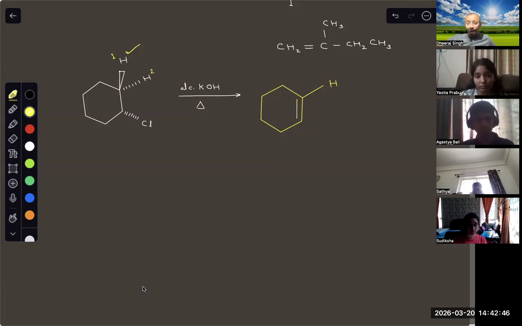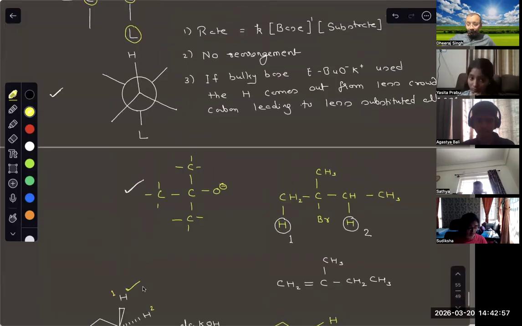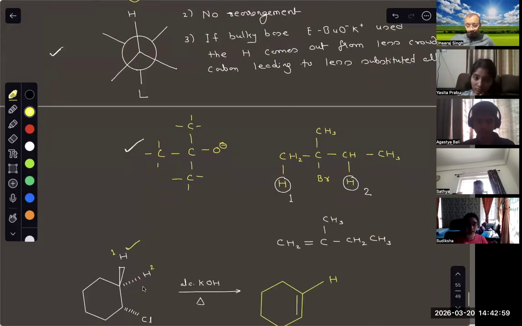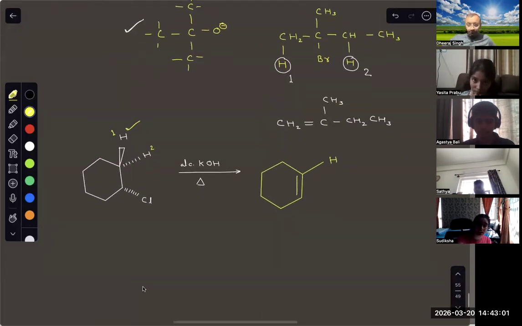Then, I have a doubt. You had mentioned that all four atoms, the H, both the C, and L, must be in the same plane, and if they're in the same plane, we have to take the dashed wedge, right? Because the leaving group and H should be in the same plane.